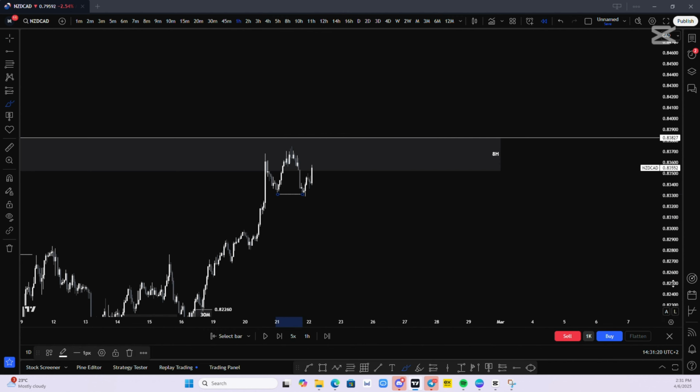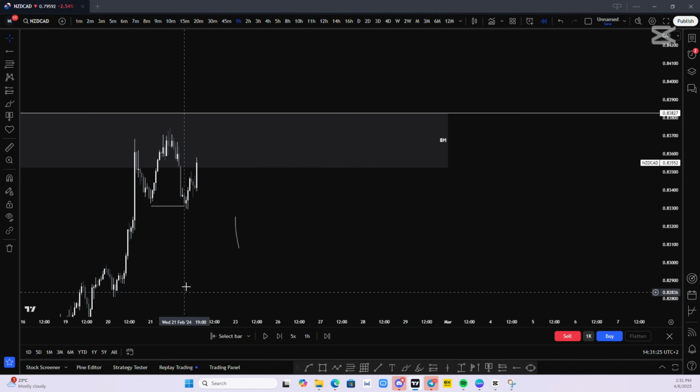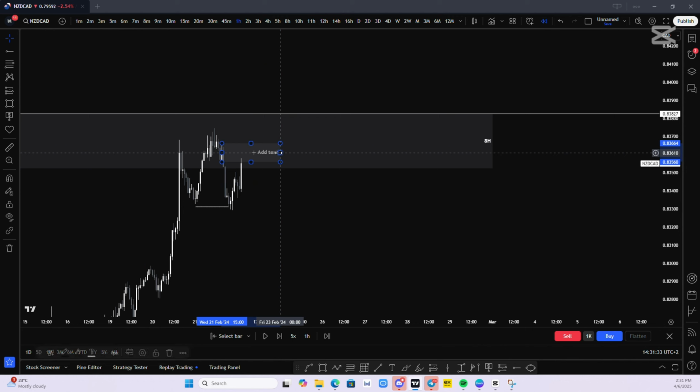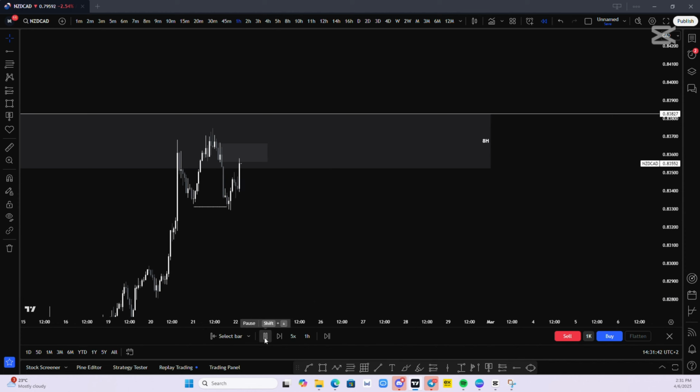So as our higher low is being violated there, we can see that now price approaches this beautiful supply area here that we can take our entries from. Okay, so basically we are going to take our entries from here and then hold up until the higher time frame low. Let's see what price does.